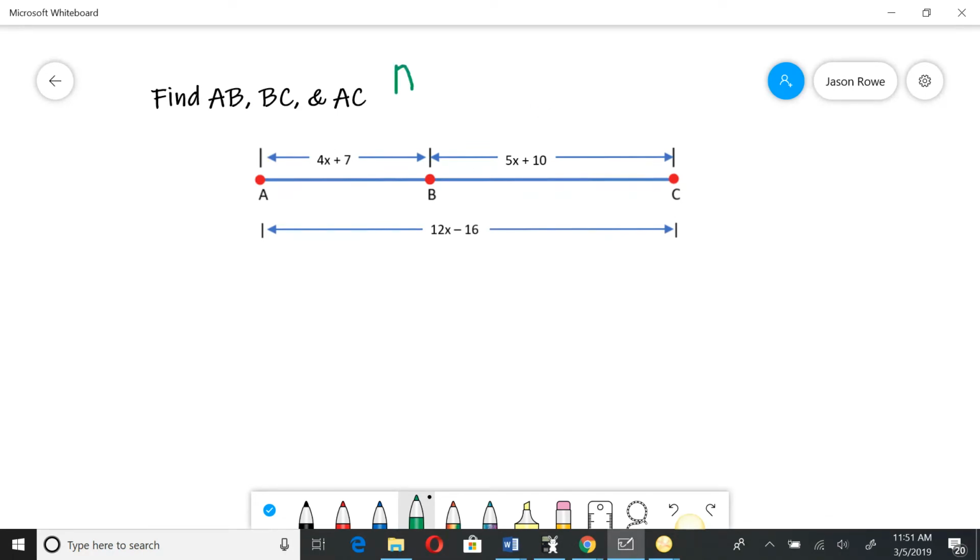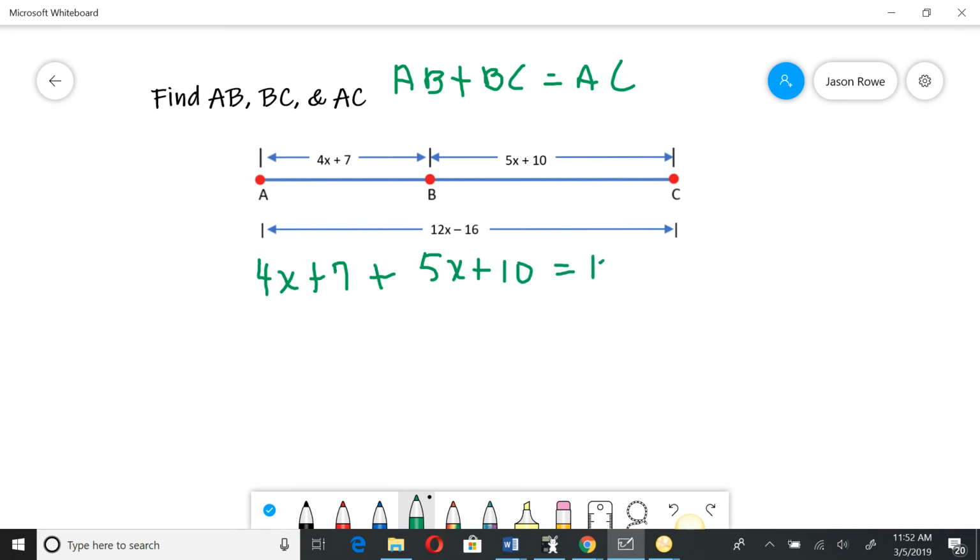AB plus BC has to equal AC. So we're going to set up our equation. 4x plus 7 is AB, plus BC, which is 5x plus 10. And then that's going to equal AC, which is 12x minus 16.